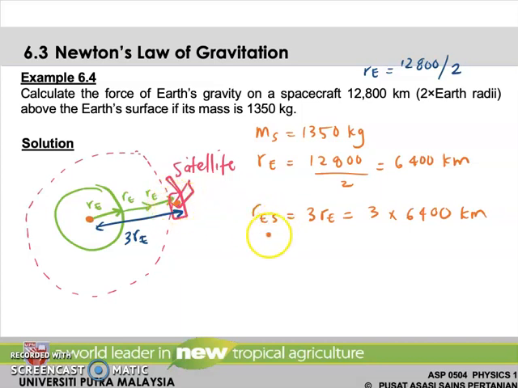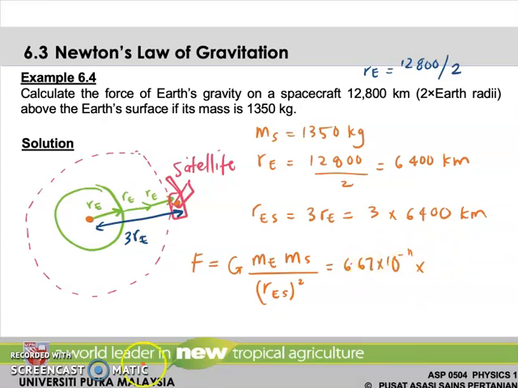Okay? So now let's plug in the values into our equation. So mass of Earth, mass of satellite over radius of Earth to satellite squared. So this becomes 6.67 times 10 to the minus 11 times the mass of Earth. I don't remember, let me check. So it's 5.98 times 10 to the 24.